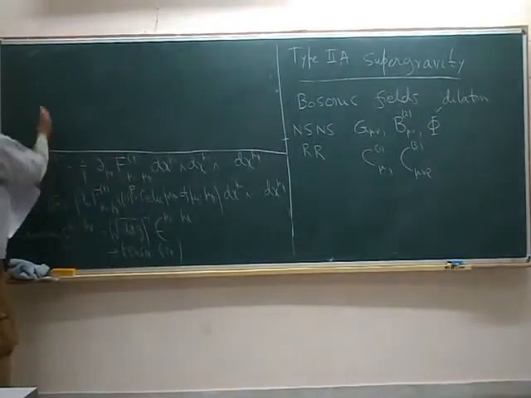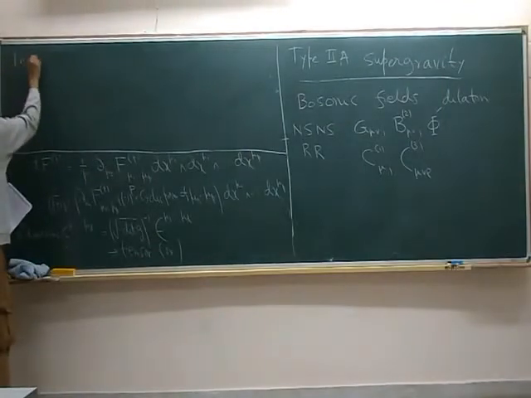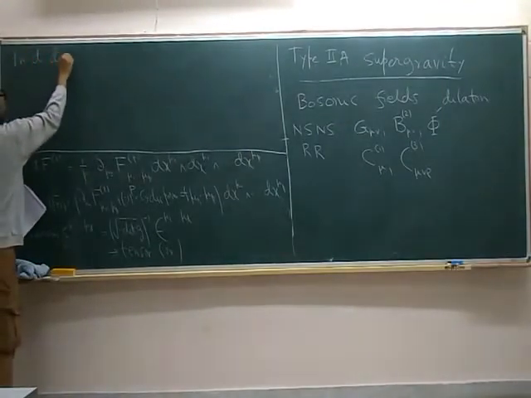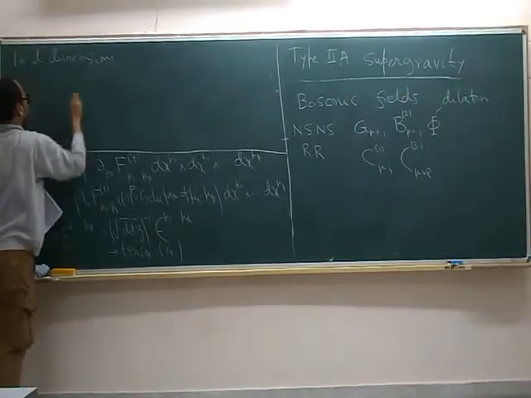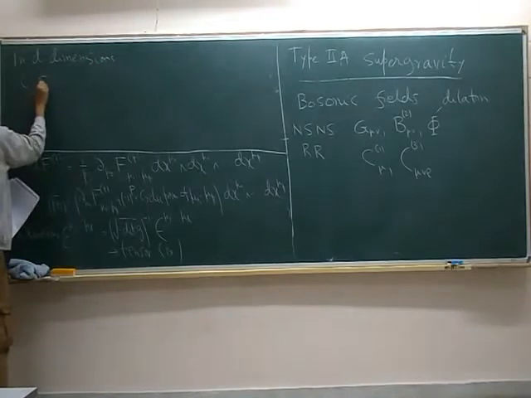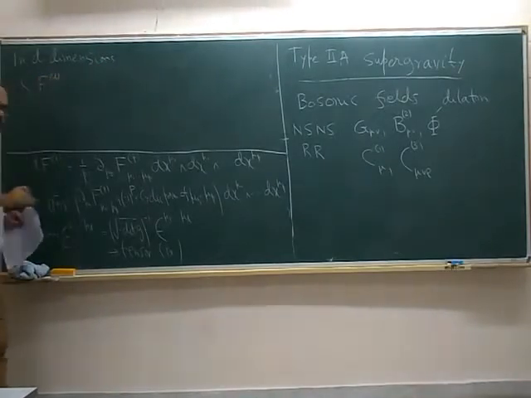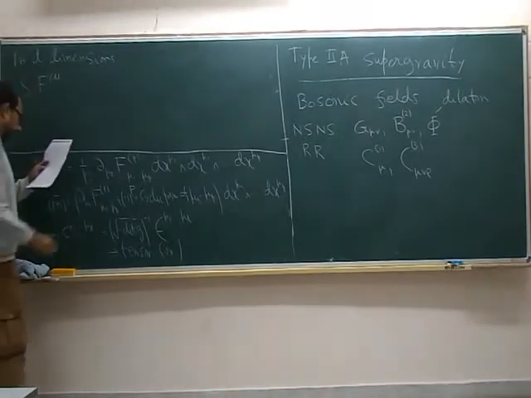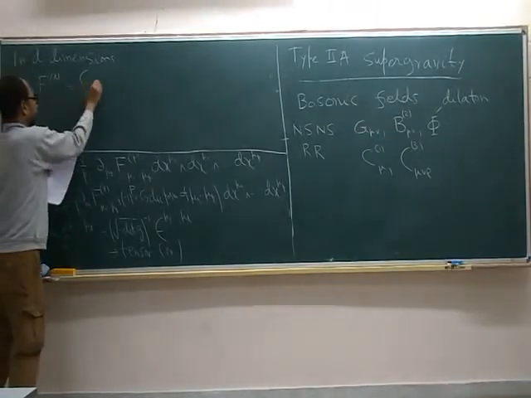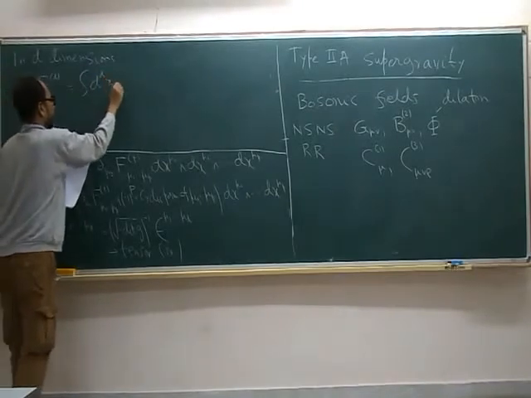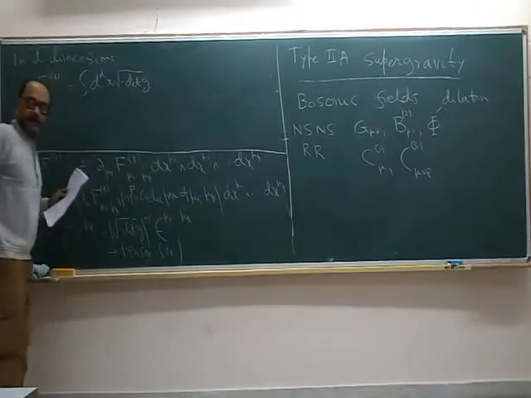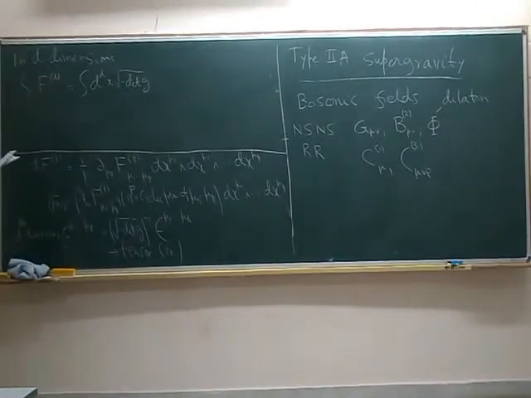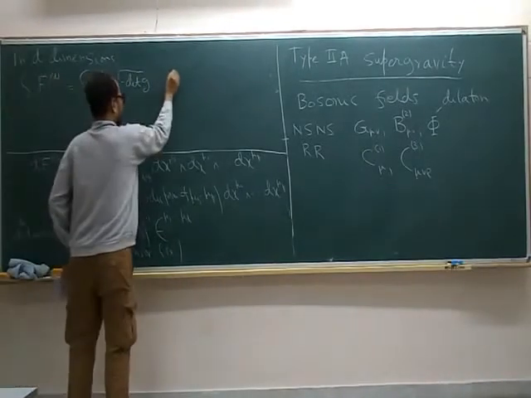In d dimensions, the integral of a d-form is by definition the integral d^d x square root of minus determinant g, which is the standard invariant integration measure, and then you have to put a scalar.